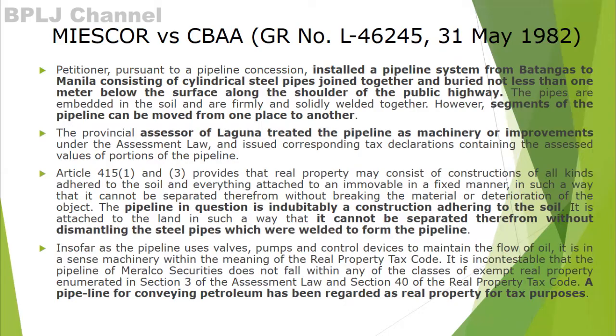So it fell under that catch-all provision as an immovable by incorporation or attachment. So it is a proper subject of real property taxes under that catch-all provision of immovables through incorporation or attachment.